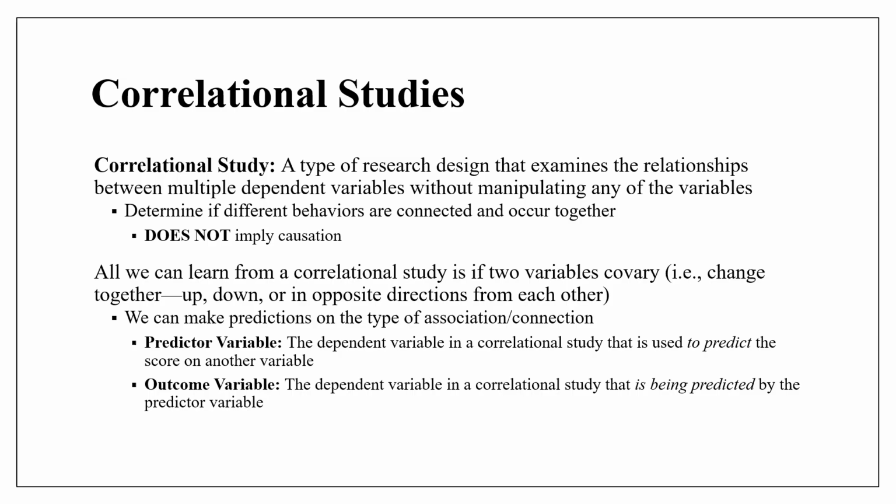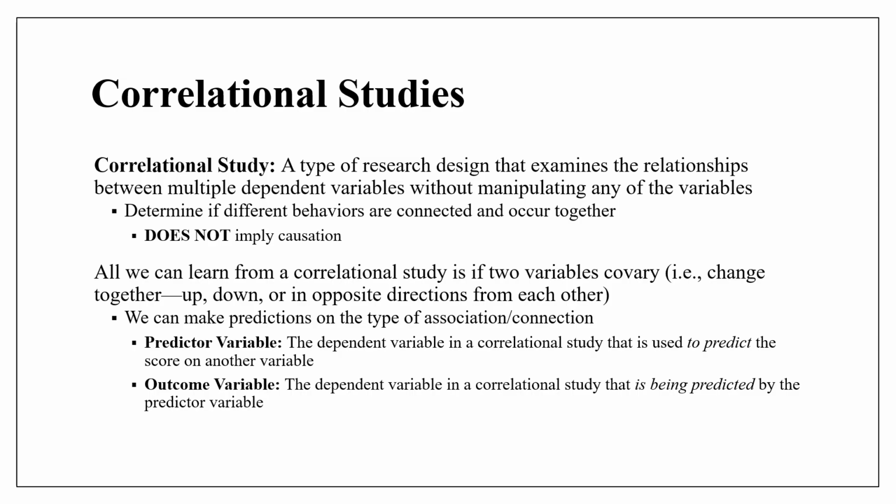A correlational study investigates the relationship between multiple variables without any manipulation. So again, because we're not manipulating anything, we're not able to imply any kind of causation. We are simply able to tell whether various behaviors are connected to each other or happening together.